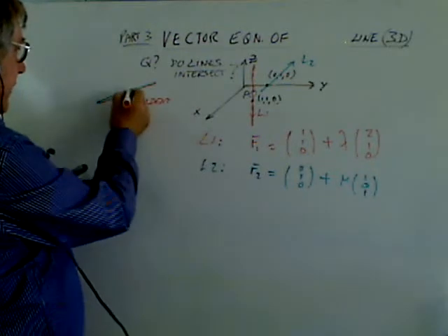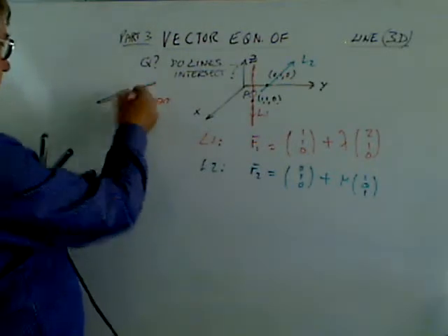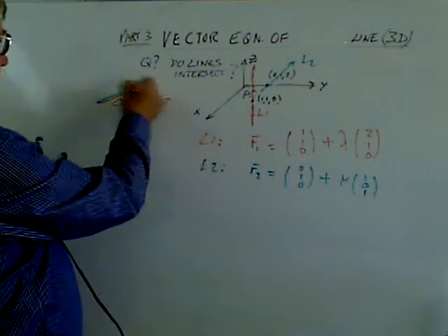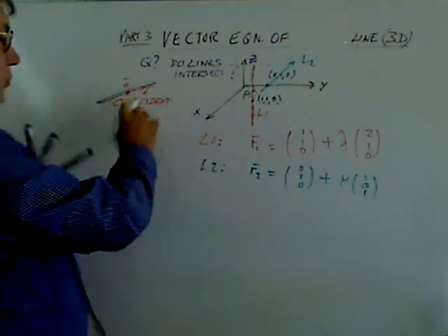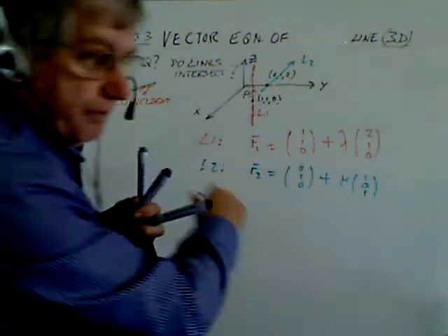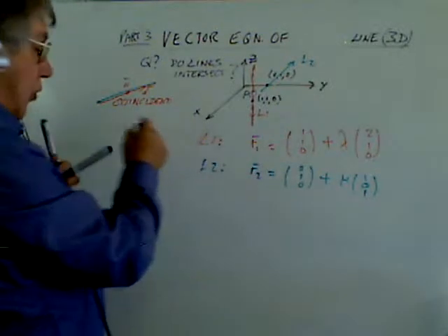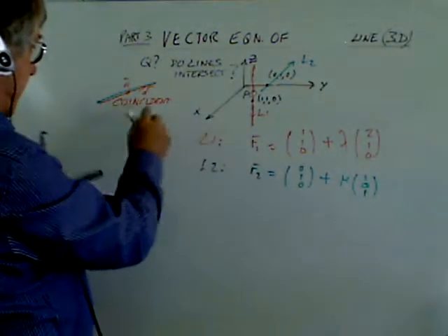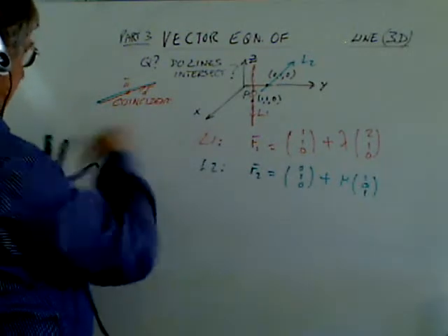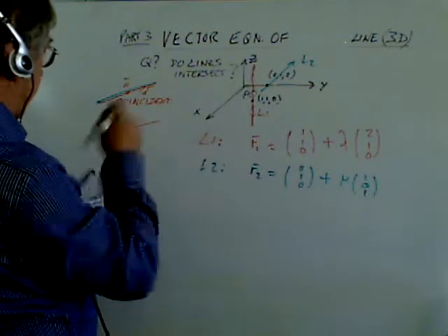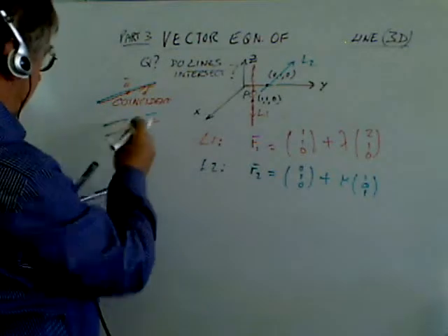To be coincident, they have to share a common point and they have to have the same direction vector D, okay? We showed that in video 2. The lines may not be the same straight line, but they may have the same direction. For instance, these two lines here are not coincident, but they are parallel.